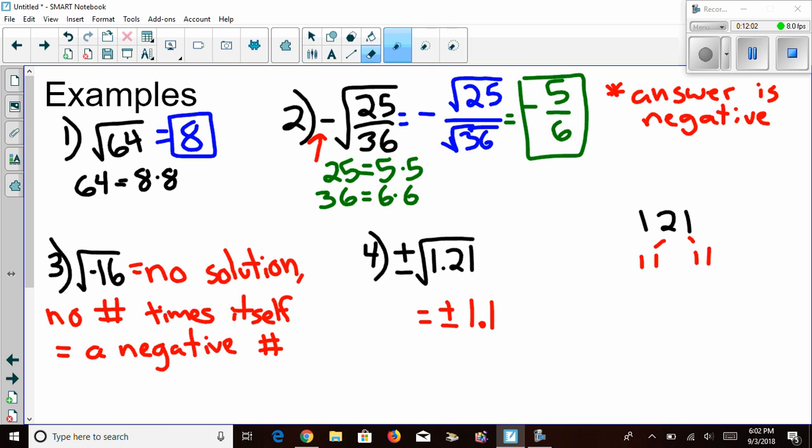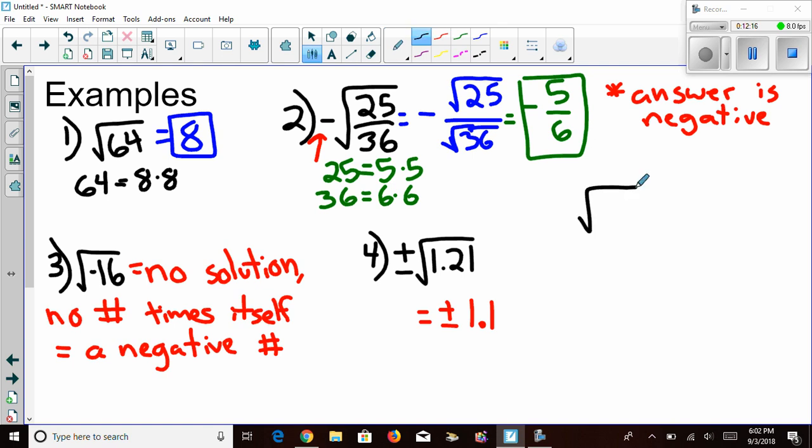An example I'm going to add to that is if I asked the square root of 1.69. If I look at 169, and I'm going to extend our thinking of our multiplication facts, that comes out to be 13 times 13.